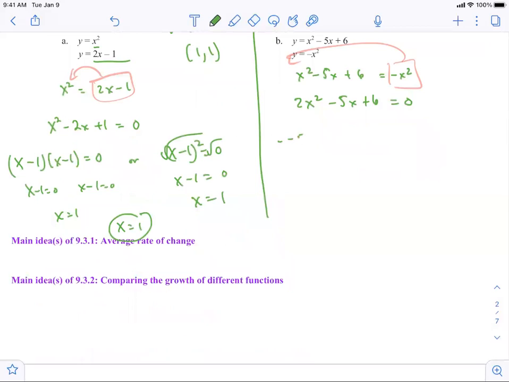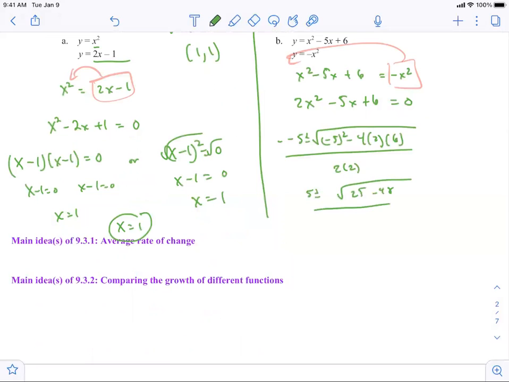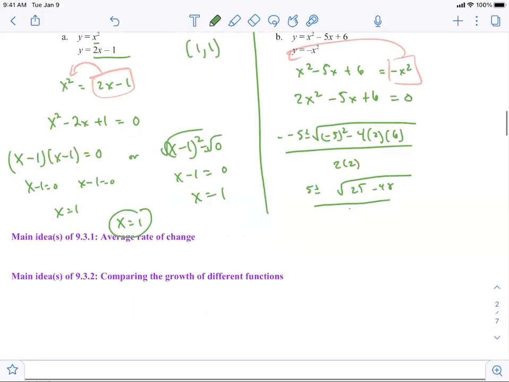So negative negative 5, which is 5, plus or minus the square root of negative 5 squared minus 4 times 2 times 6, all over 2 times 2, which is 5 plus or minus the square root of 25 minus 48, all over 4, which is 5 plus or minus the square root of negative 23 over 4, which is equal to 5 plus or minus i root 23 over 4.